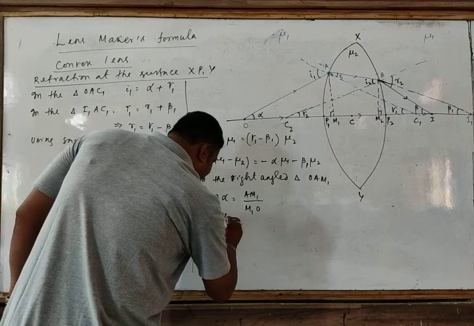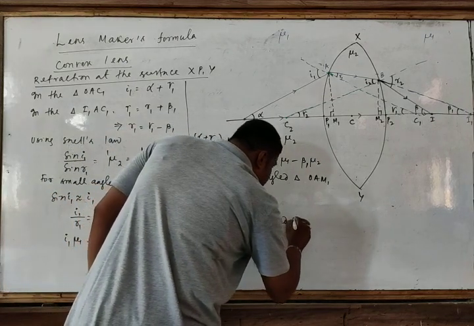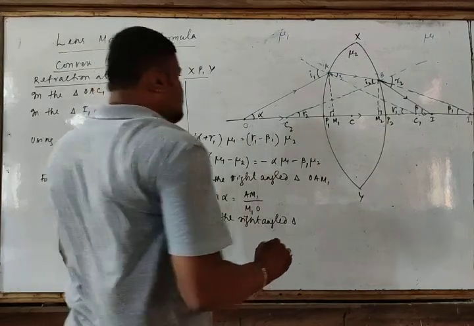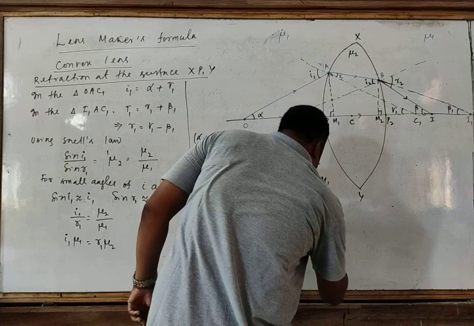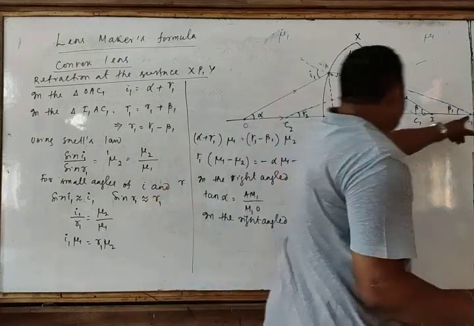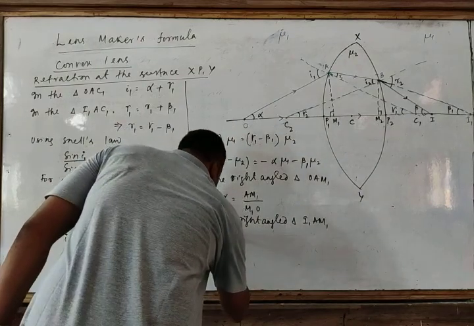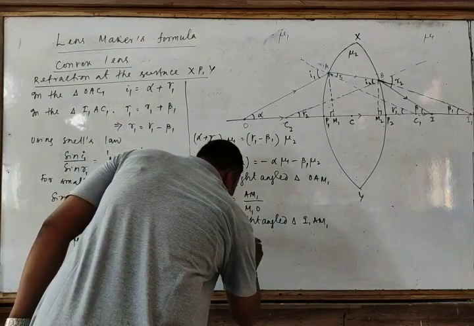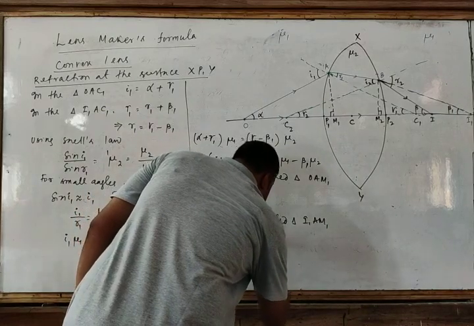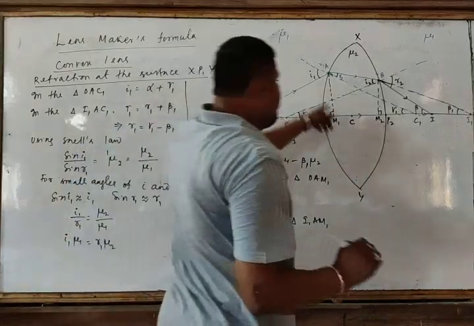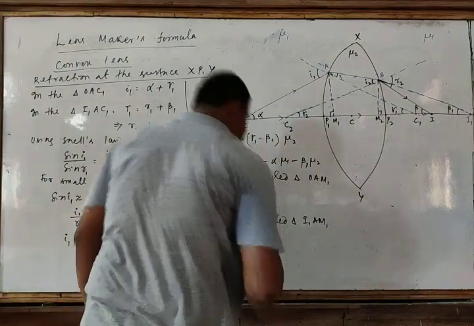In the right angle triangle I1AM1, tan beta 1 is equal to AM1 divided by M1I1.